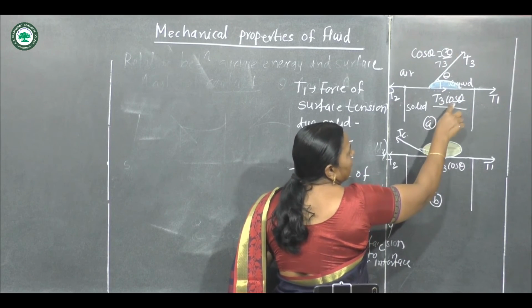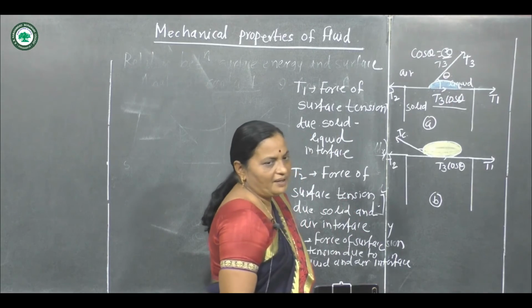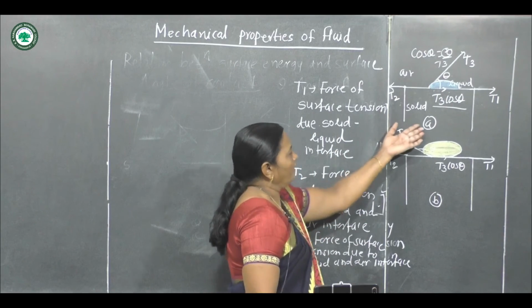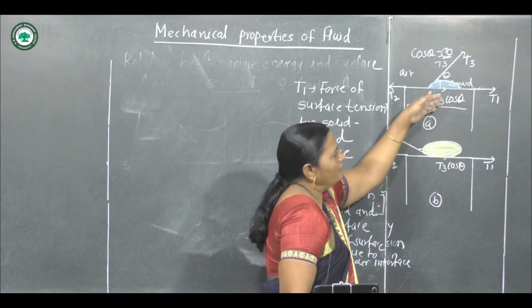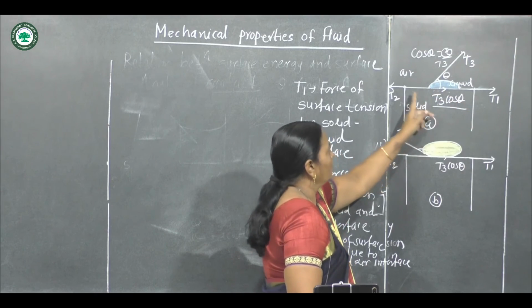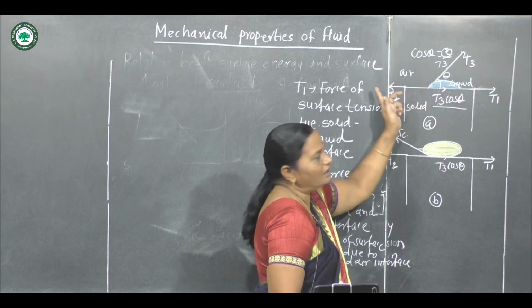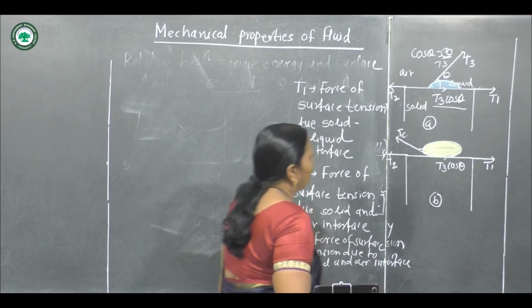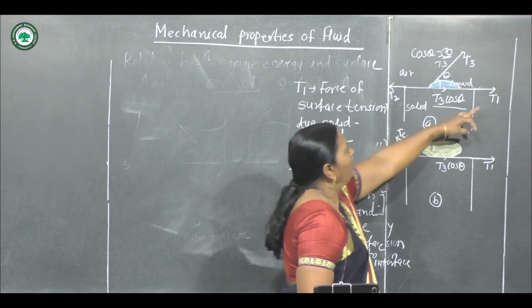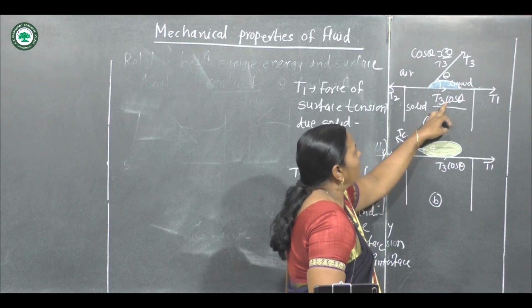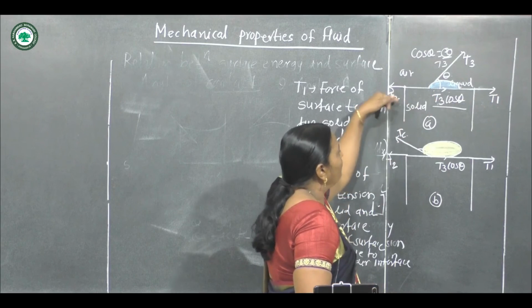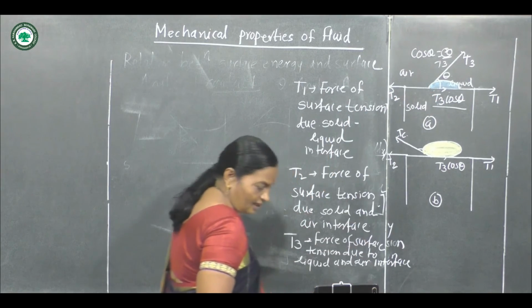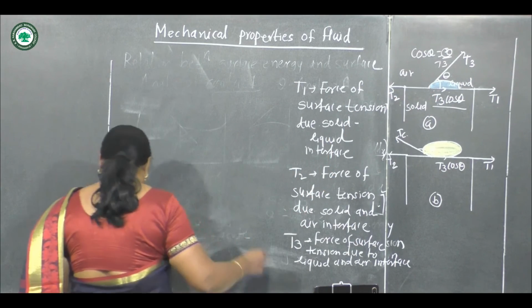By vector diagram, we can say T1 and T3 cos theta are along the same direction, while T2 is in the opposite direction. Therefore, T1 and T3 cos theta are towards the right, and T2 is towards the left.